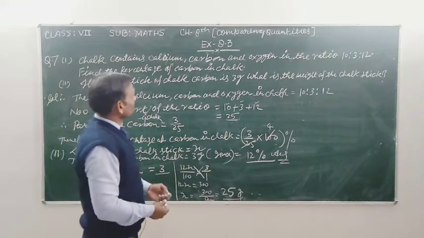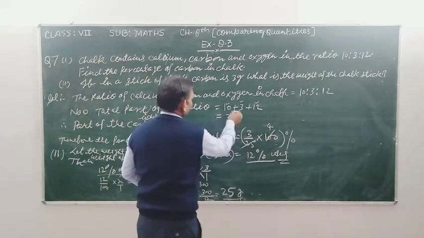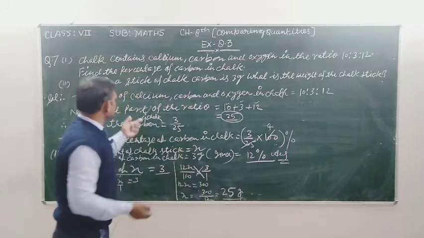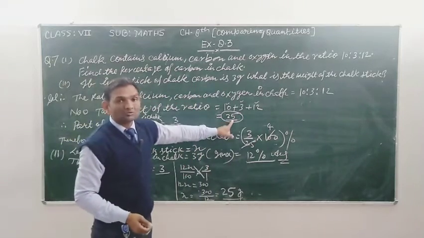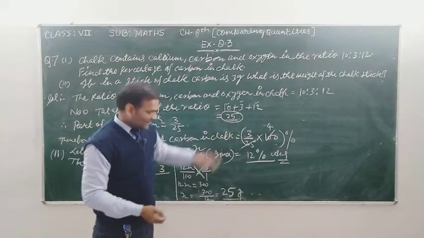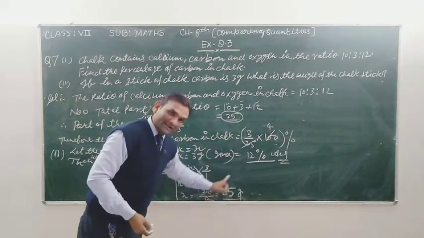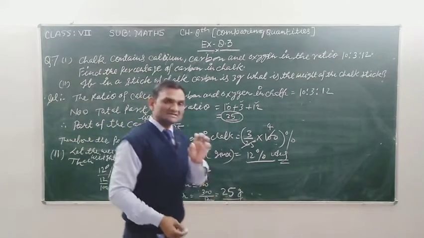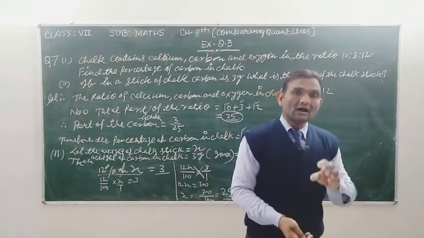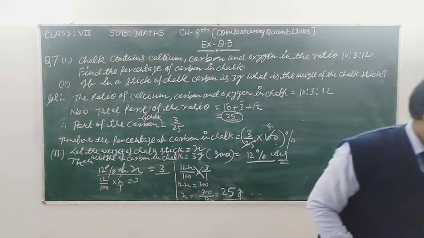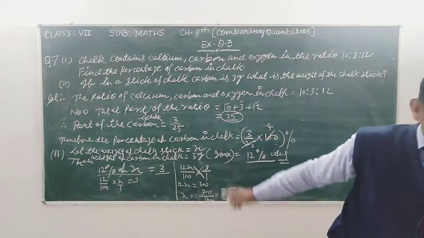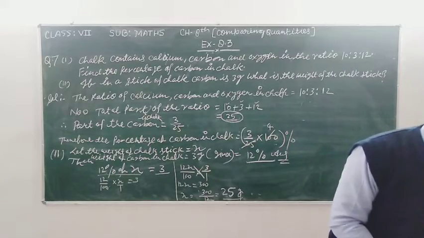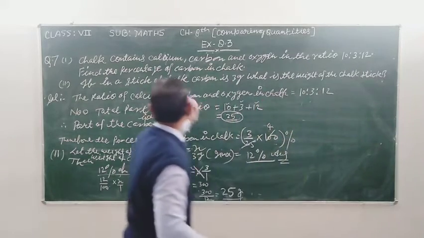And you are seeing here the sum of the part of the ratio is equal to 25, and here you have found out 25 gram is the weight of the chalk stick. So student, I hope you have understood this question. So come to the next question, student, that is question number 8.